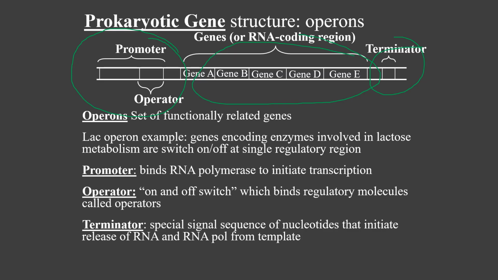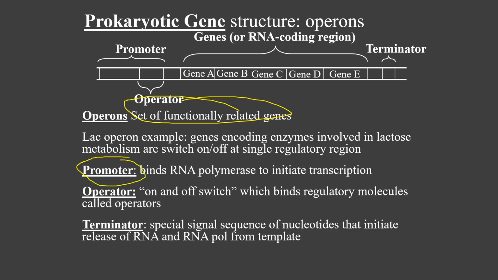It also switches on genes to code for lactose transporters to help bring lactose into a cell. So it's a whole bunch of functionally related genes that all get switched on at the same time. So to be clear, operons are sets of functionally related genes.